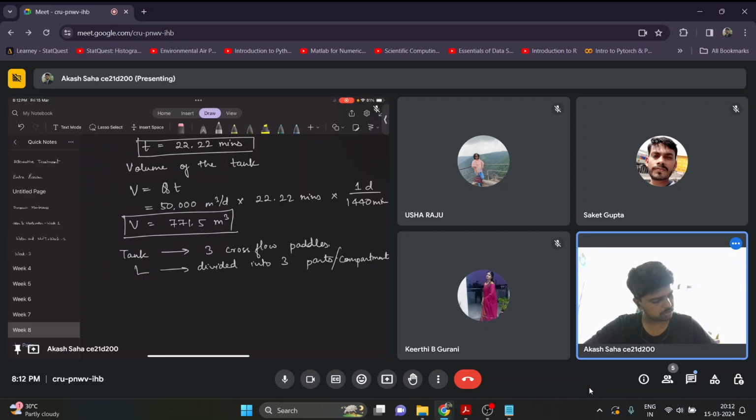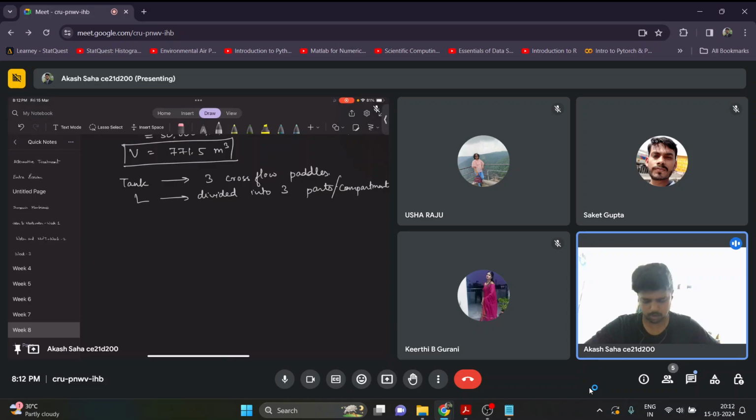So I will just make a small figure here. Suppose this is my reactor. This is the water level. So I'm dividing it into 3 parts.